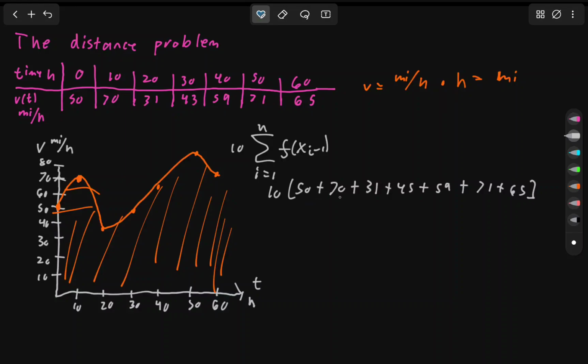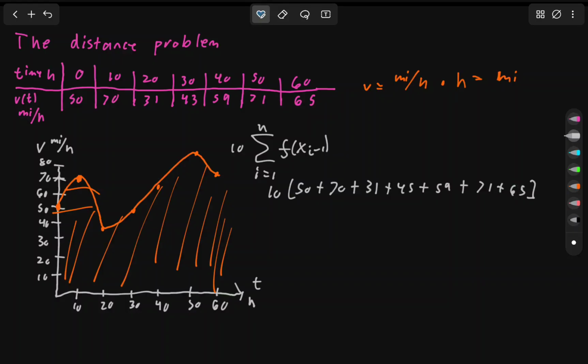Okay, 50 plus 70, that is 120. Plus 31, that is 151. Plus 45, that would be 196. Plus 59 would be 255. Plus 71, that is 326.